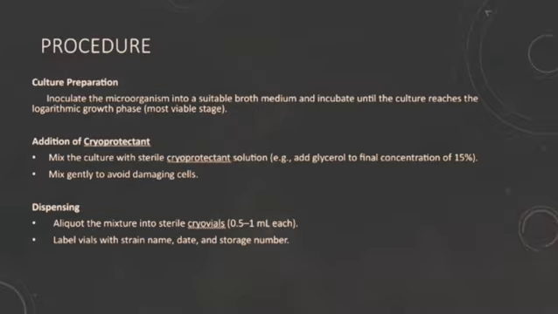First, culture preparation. Microorganisms are grown in a broth medium until they reach a viable growth phase. Then, addition of cryoprotectant. A sterile cryoprotectant solution, for example 15% glycerol, is mixed gently with the culture. Freezing.